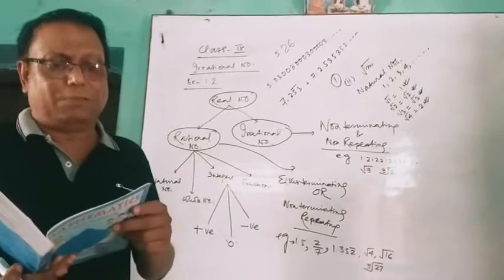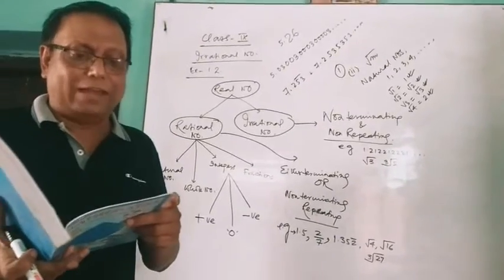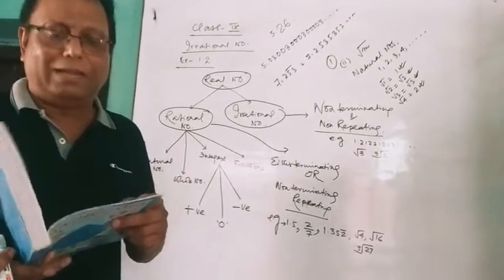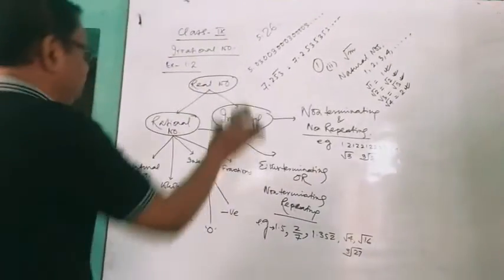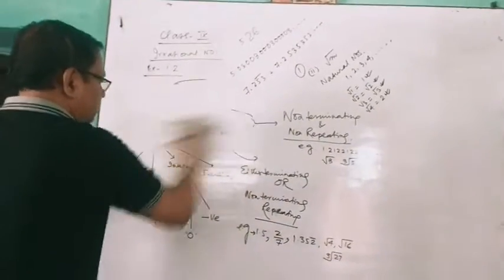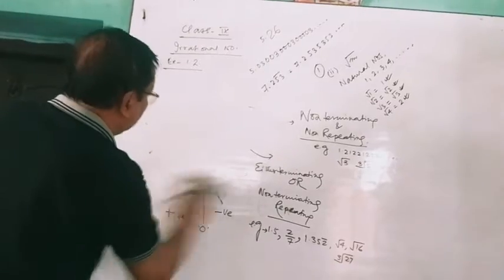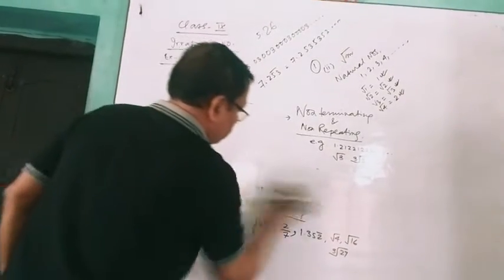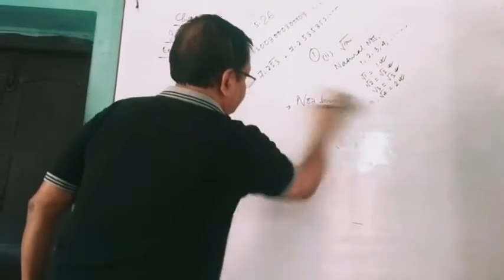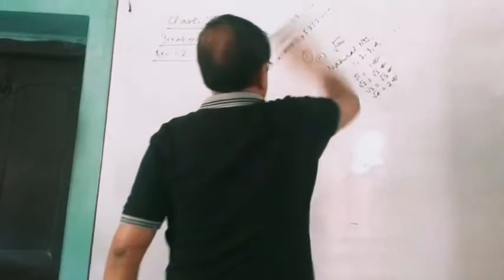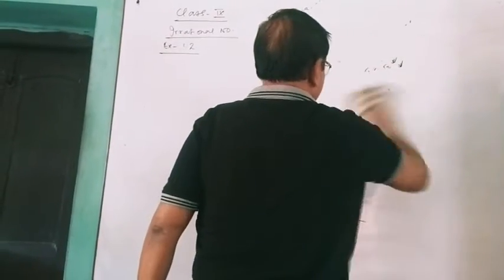Now come to question number 2. Are the square roots of all positive integers irrational? This is the second question of exercise 1.2.